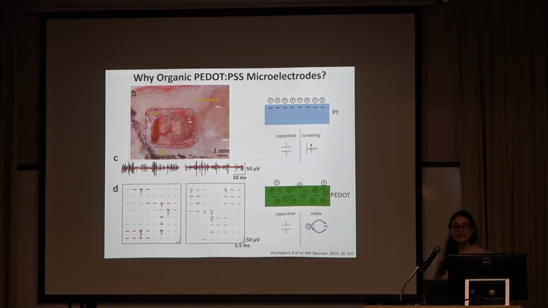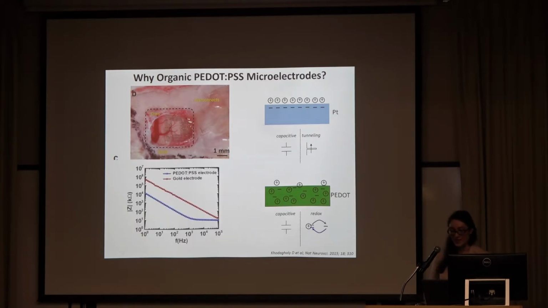This introduces a greater charge transfer to the electrodes, which increases the signal of the neural response. Additionally, the signal-to-noise ratio is increased because the impedance is much lower than other metal electrodes.